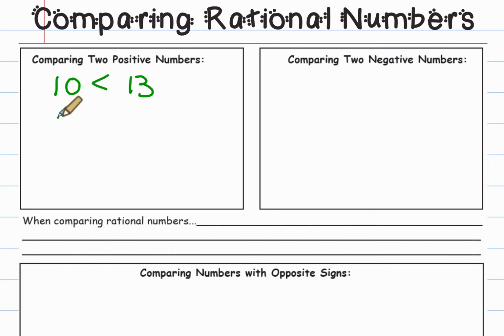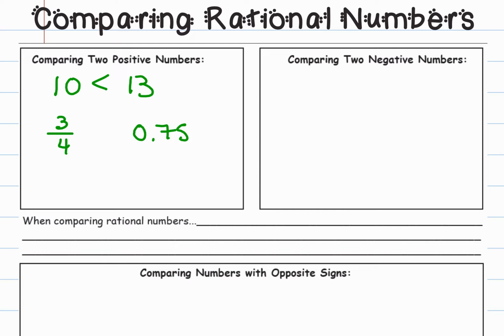But what if we were comparing numbers like 3/4 and 75/100? They're in different formats, which makes it a little bit more difficult for us to figure out. So there's a couple ways that we can compare these numbers.